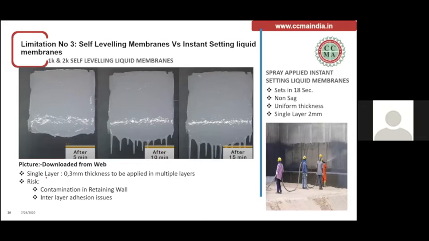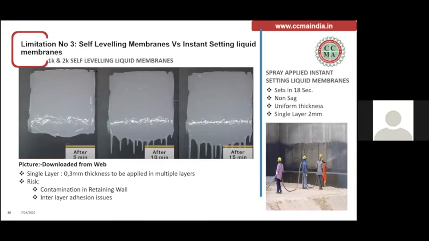What the thing is that if you go for a spray applied fast setting system in a retaining wall, maybe sometimes it is over specification. Why? Because these systems will not sag. What is the problem in a vertical application, especially in the retaining wall, generally?